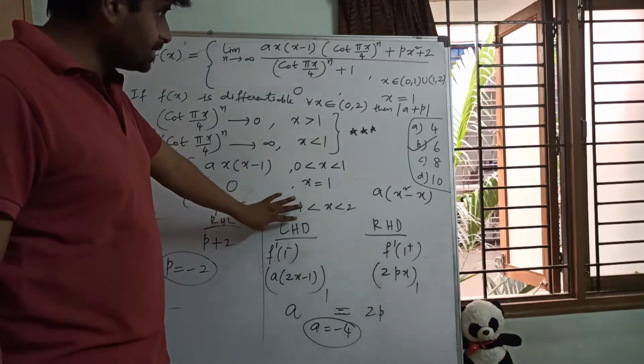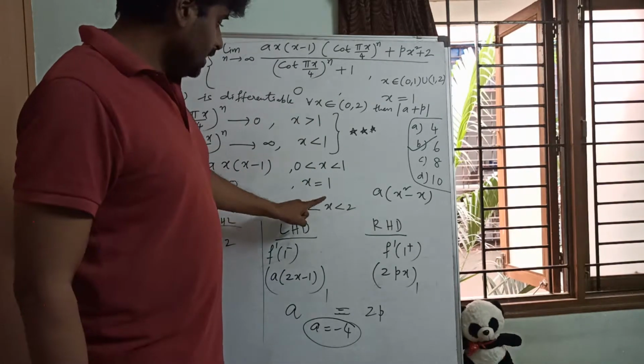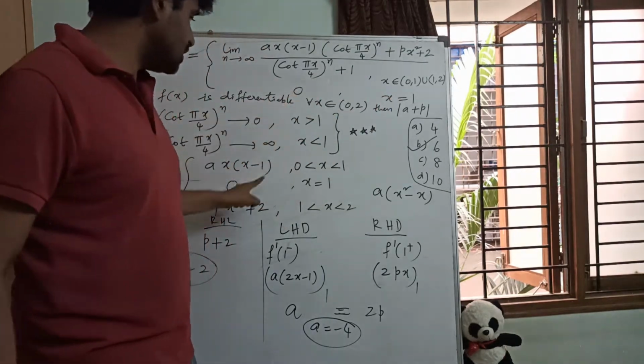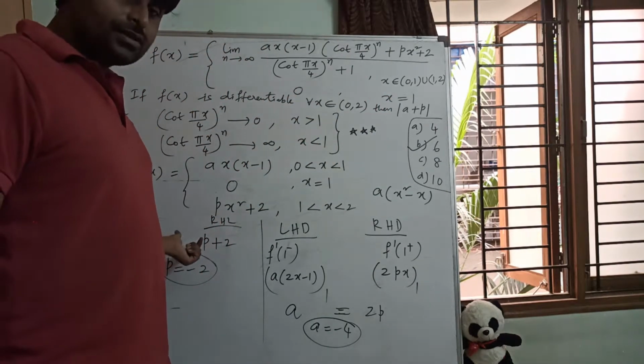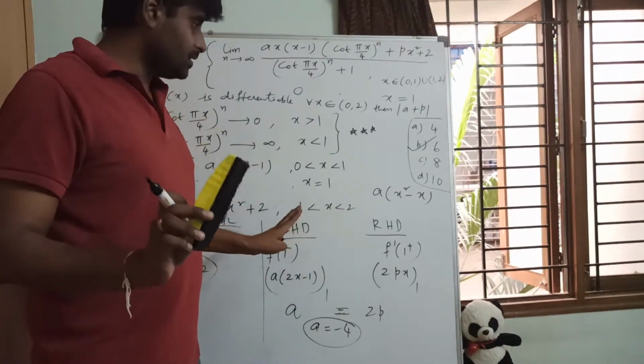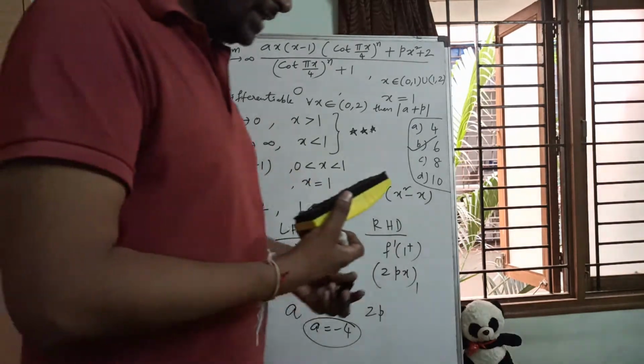You have to rewrite the function separately. Below 1, what will be the function? Above 1, what will be the function? And at equal to 1, it is already given, function value 0. Clear? So now going for LHL, RHL, LHD, RHD is very easy. You can pause the video and copy that. Have a look at that.